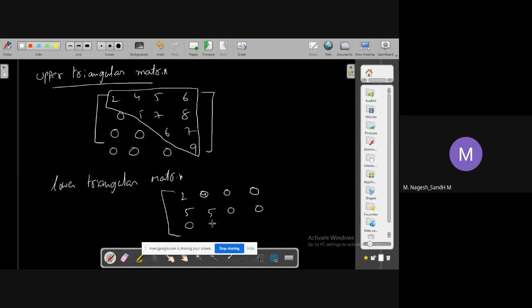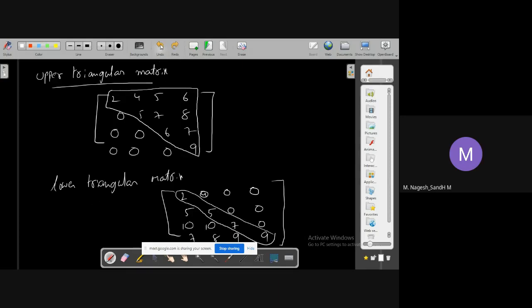You can take any of your choice. Then below, some entries like 7, 8, 9. So above the main diagonal, all elements are 0. Then it is called a lower triangular matrix.